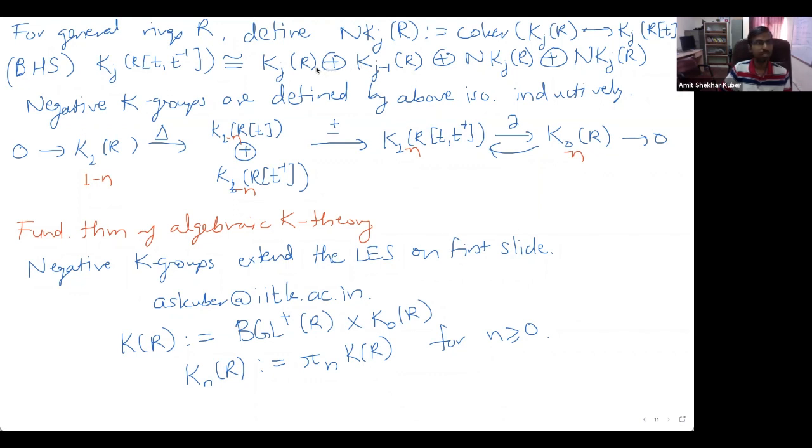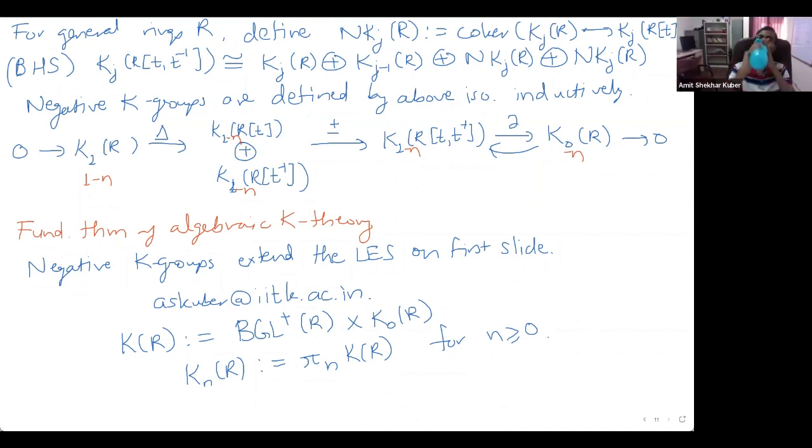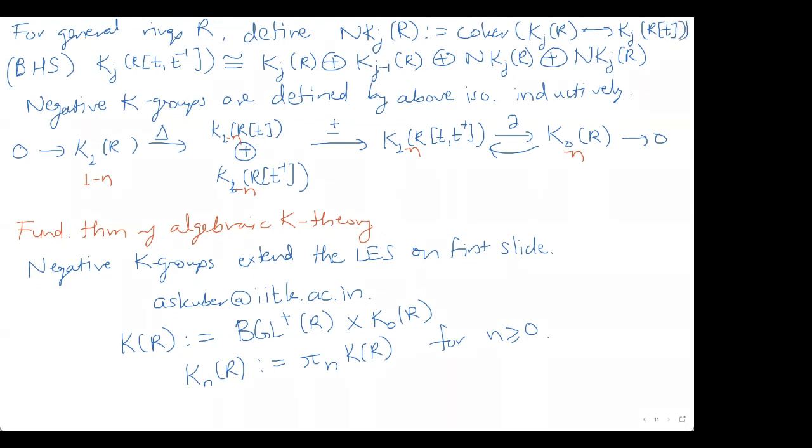More questions? I have a question about a particular example. In representation theory of finite groups, we have the group algebra CG. Are the lower K groups for this group algebra well understood? As you said, these group rings are not regular.